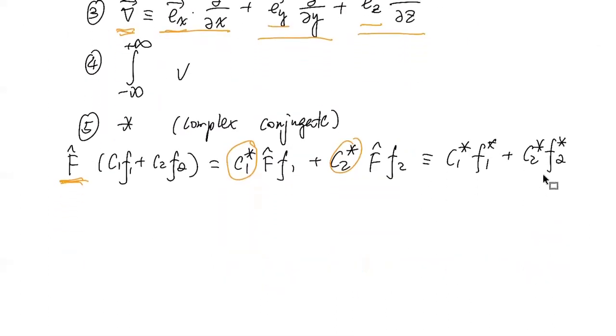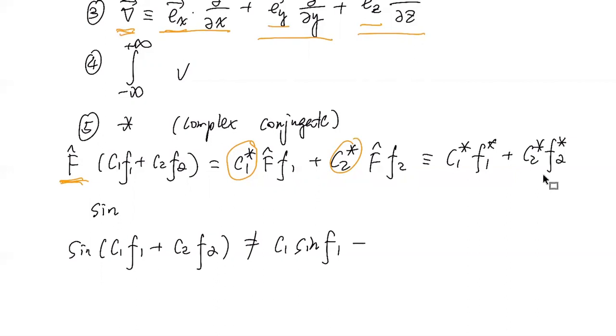How about the sine function? Is sine function a linear operator? It's not, right? Because sine of C1 F1 plus C2 F2 is certainly not equal to C1 times sine F1 plus C2 times sine F2.